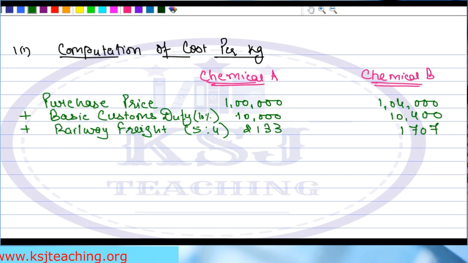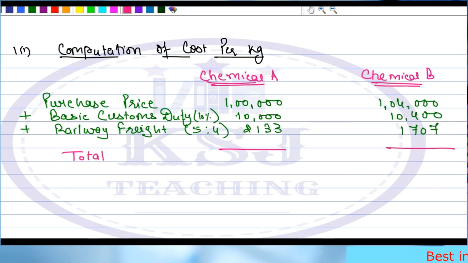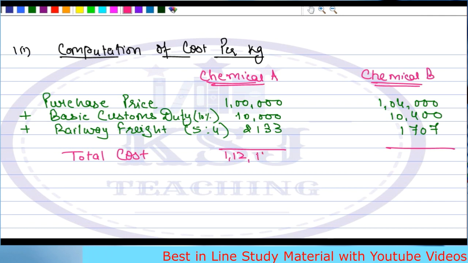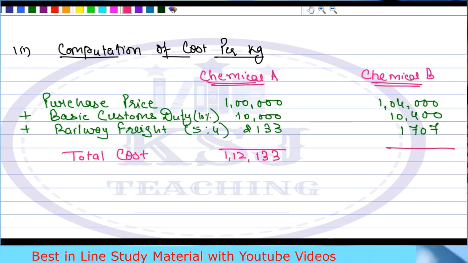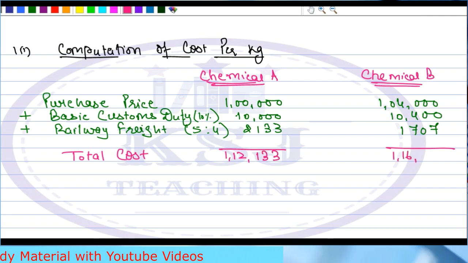So what is the total cost? What we get is the total cost from here. Total cost is 1,12,133, and here it is 1,16,107. What we need is the rate per kg, right?